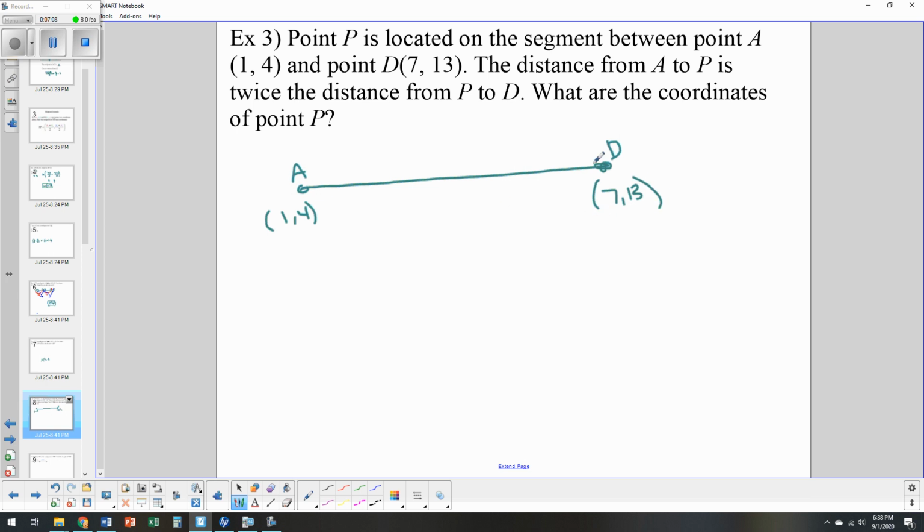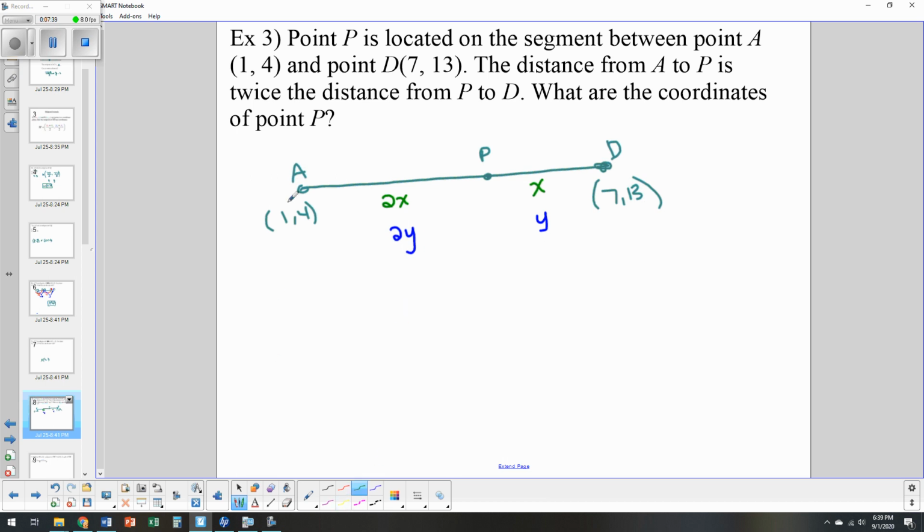P is somewhere in between here. The distance from A to P is twice the distance from P to D. So it's 2 times as long to get from A to P as it is from P to D. So if this distance is x, this is double that, or 2x. Or if this distance was y, this is double that, or 2y.